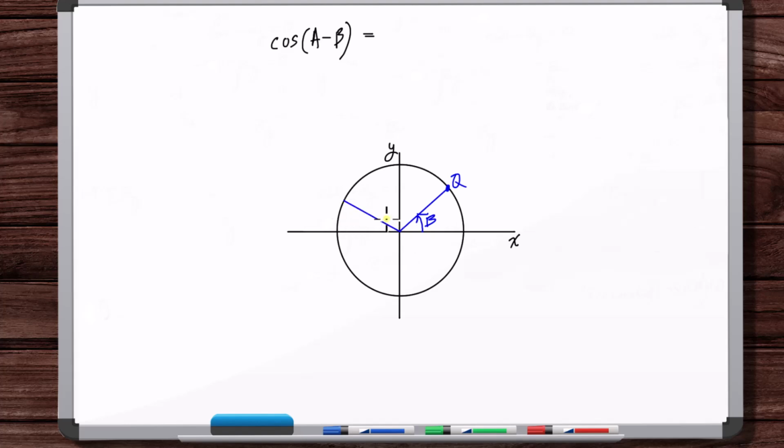This isn't 90 degrees or anything. This is just a random position, but greater than B, and this is at angle A.